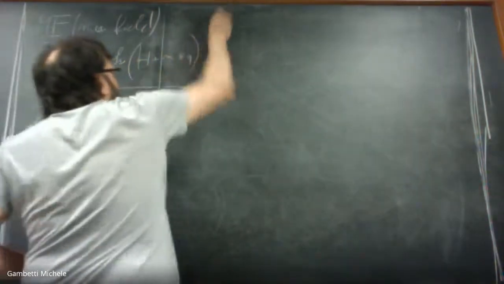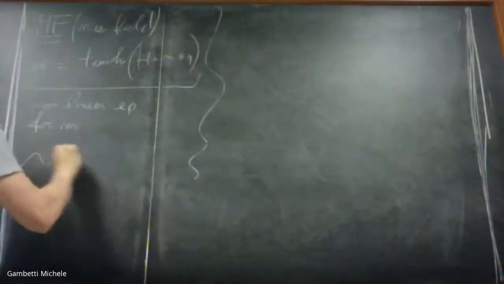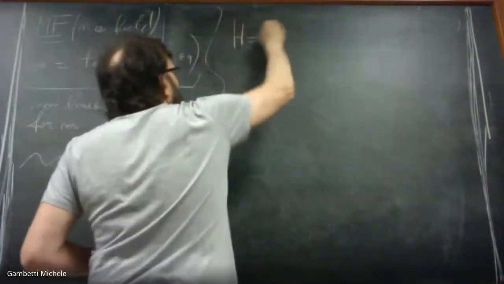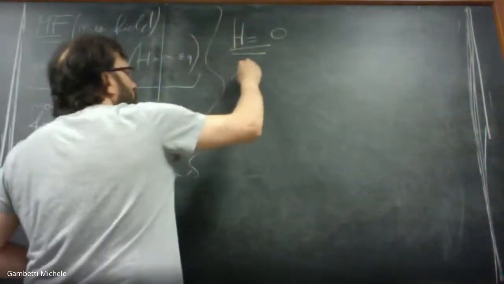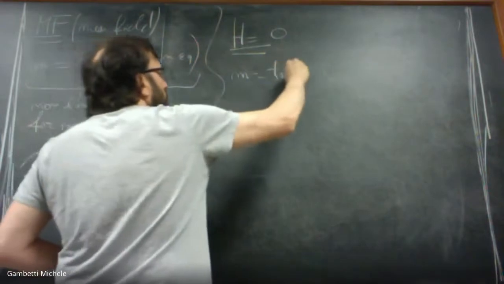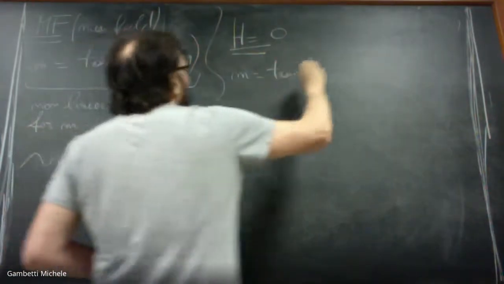when h is equal to 0. So let's take h equal to 0. And in this case, I have that m is equal to the hyperbolic tangent of m epsilon q.